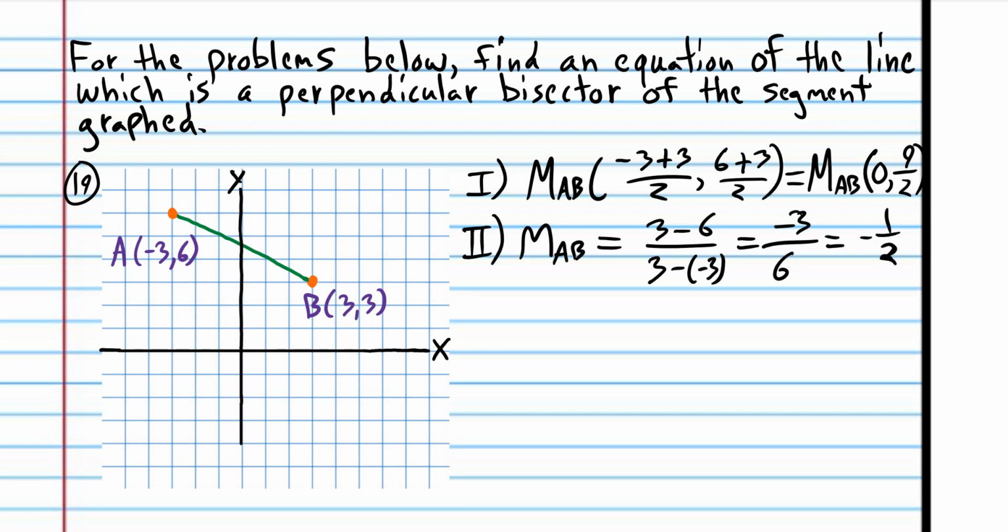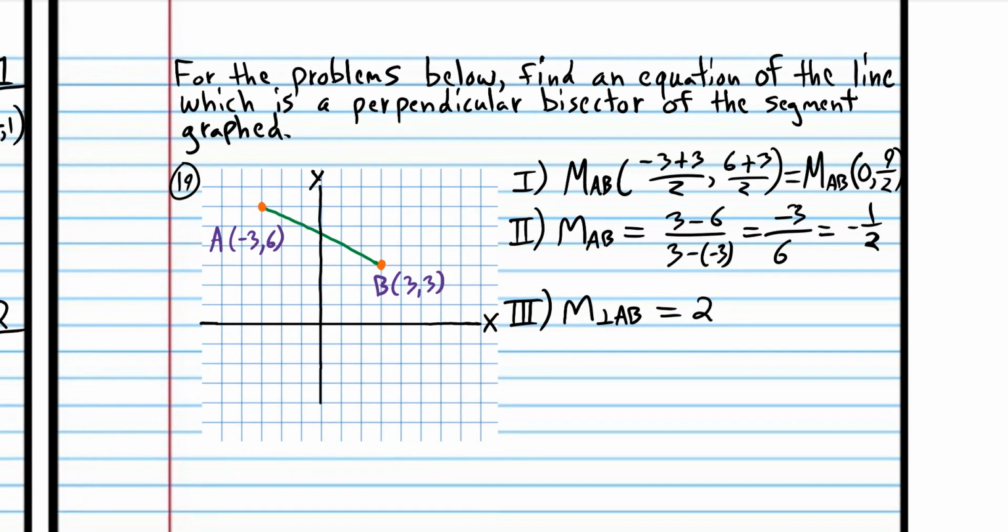Now we have to do the flipping thing again. We have to flip and change the sign. So the slope of the line perpendicular to AB, because we're looking for the perpendicular bisector, is just the opposite reciprocal. So we just flip it and it becomes 2.